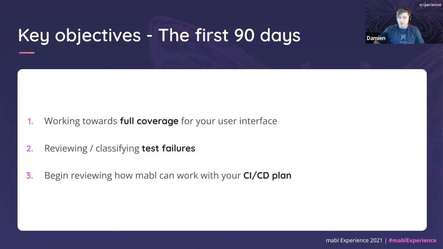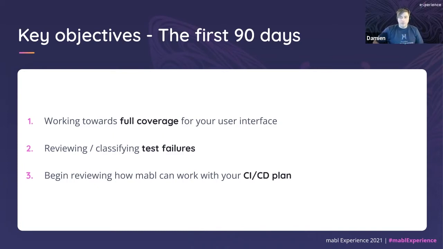So the first point on this slide seems to make a lot of sense, but working towards full test coverage is a lofty goal within the first 90 days, because there's a lot of work that needs to be done to make this happen. Much of the work here is organizational and cross-cutting, involving multiple teams and stakeholders.